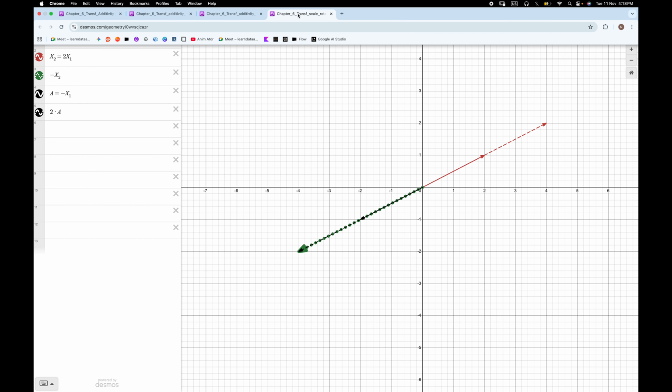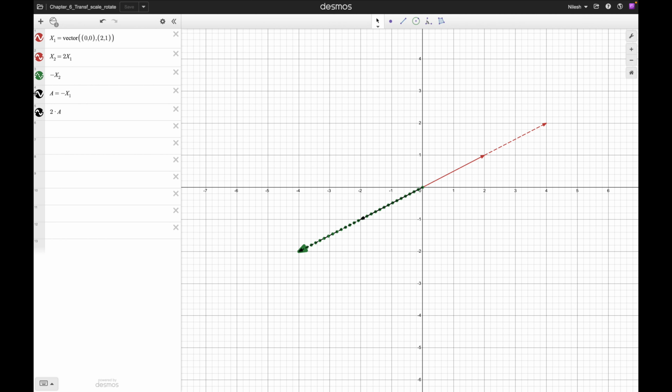And finally, for scaling, as we looked at, if we have a vector x, as we see here, and we scale it, that is multiplied by a scalar, in this case a equal to 2, we get the new vector x2, which is twice as long. And let's say we flip it by multiplying it by -1, we get this vector.